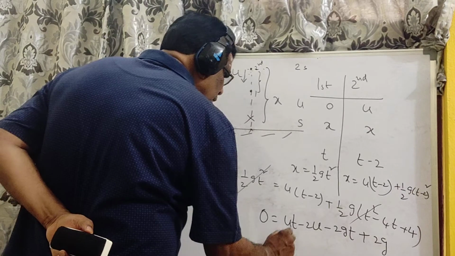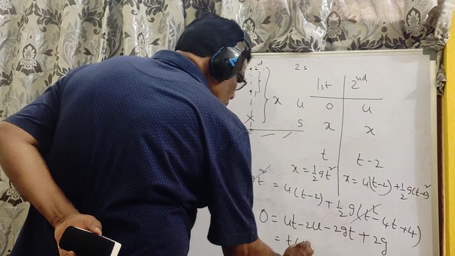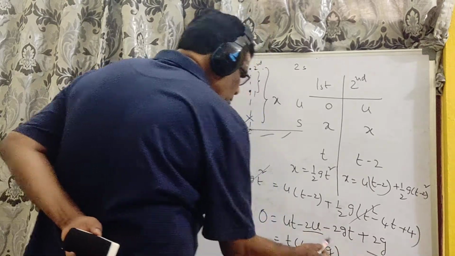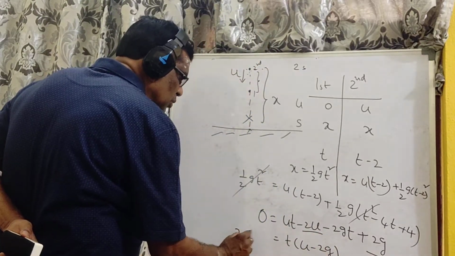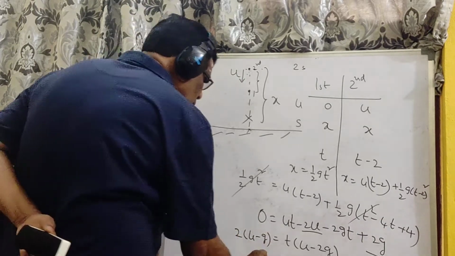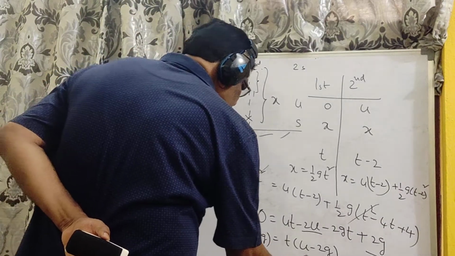Now what are you getting here? t into u minus 2g. Now this and this, I'll bring onto this side, so I can write it as 2 into u minus g. Now what is the time taken?